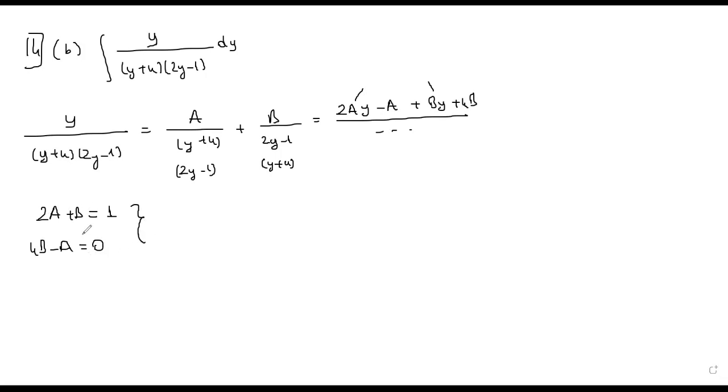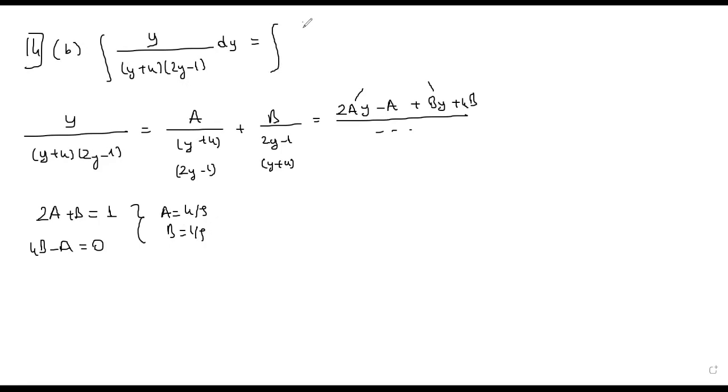So using this system, we know how to solve it. I will not mention that again. So a is equal to 4 over 9 and b is equal to 1 over 9. Okay, so this fraction can be decomposed into two. It can be written as the sum of these ones. Okay, so now what do we have?